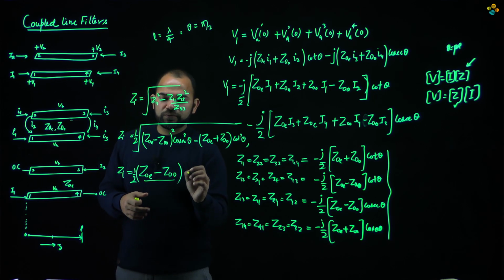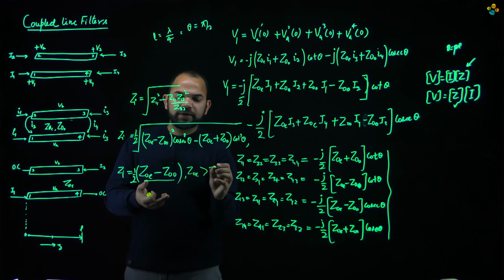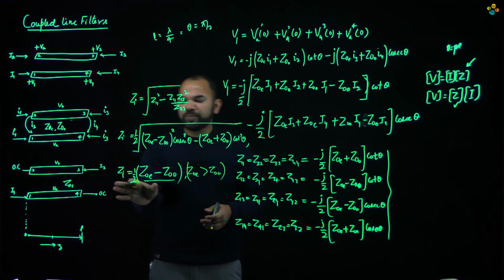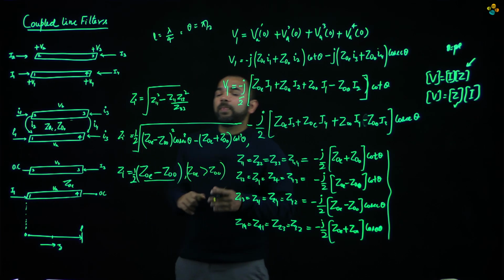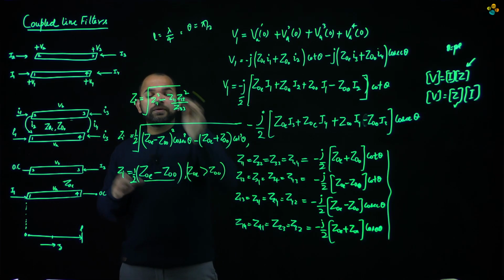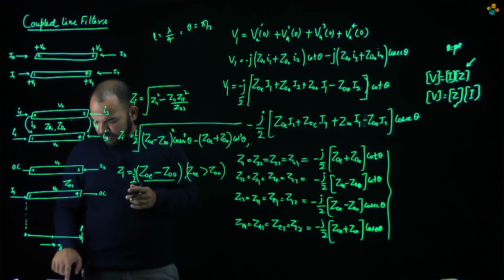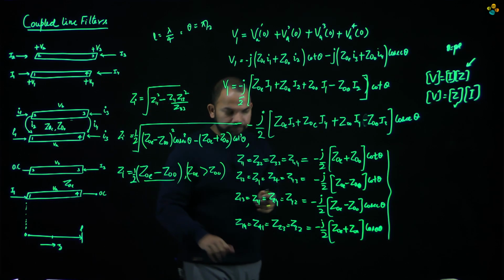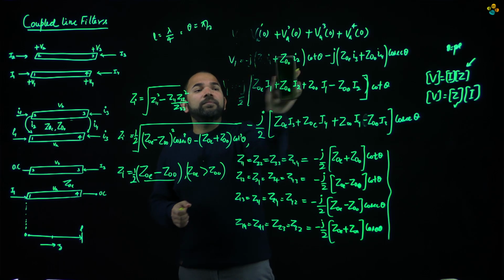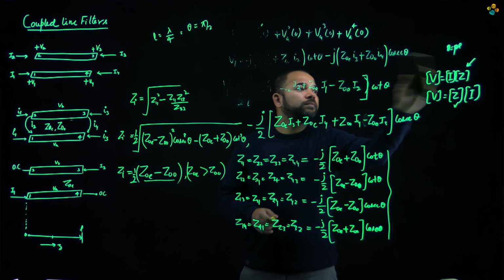So this expression is valid, giving a real value, only when ZOE is greater than ZOO. This says the image impedance is real for the given theta value. If we go a little bit to the side, it becomes imaginary. So this is the condition for getting a band pass filter: the pass band is where the image impedance is real.